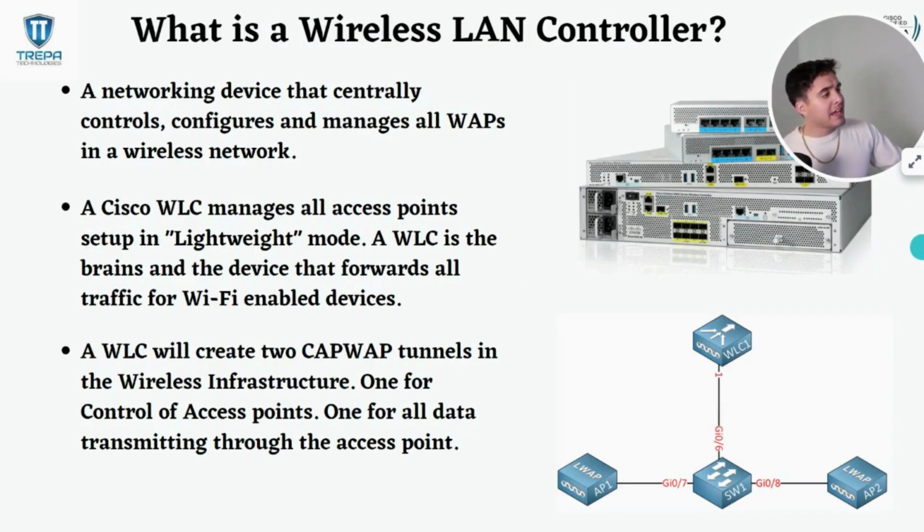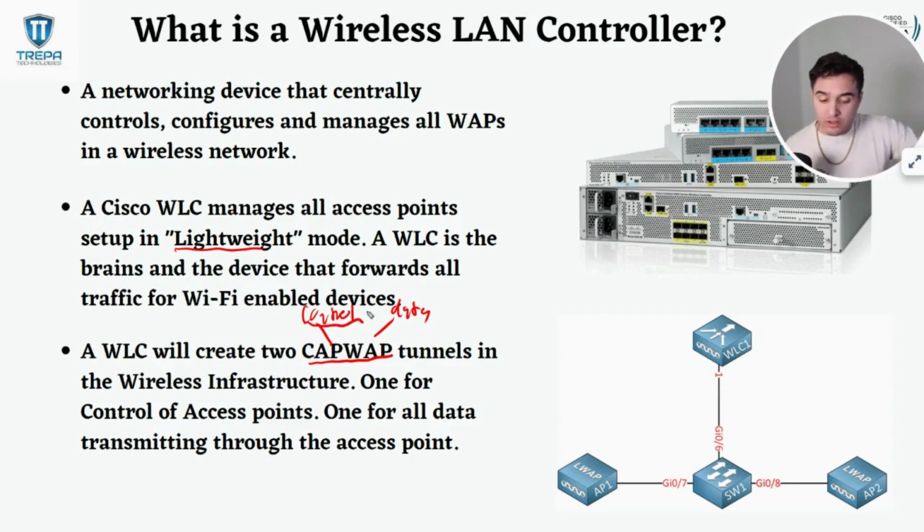And then we have that wireless LAN controller, like I was saying. This is a networking device that has central control and management over wireless access points. Again, a wireless access point has to be set up in lightweight mode for a WLC to actually manage it. And a WLC, or wireless LAN controller, manages these access points using CAPWAP tunnels. You're going to have a control and a data CAPWAP tunnel.